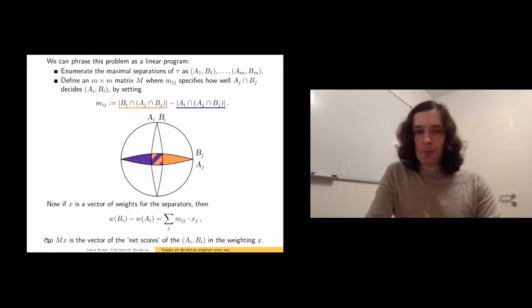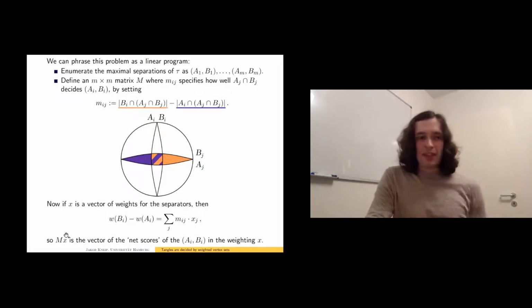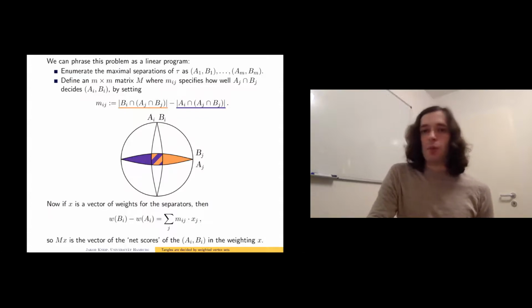All right, so from now on, all we need is to find a vector x of weights that makes this product here have positive entries everywhere. So if we can find such a vector, then assigning those weights to the separators and then turning that into vertex weights is going to be exactly the weight function that we want.